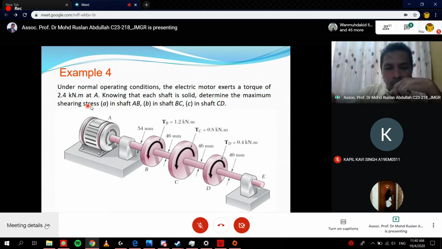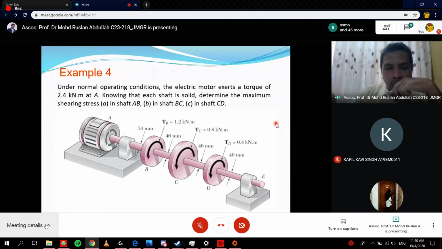Determine the maximum shear stress. What is the maximum shear stress in shaft AB, between B and C, and also C and D? The formula is Tc over J or Tr over J, or you can simplify to tau equals 2T divided by pi r cubed.